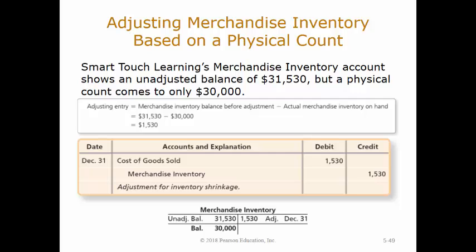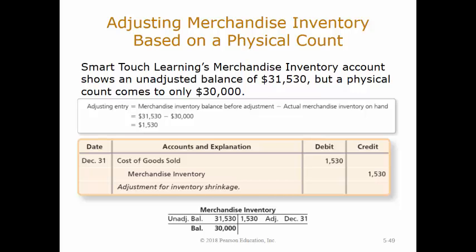But on December 31, Smart Touch Learning counts the inventory on hand and the total cost comes to only $30,000. Cost of goods sold should be debited and merchandise inventory should be credited for the amount of shrinkage, $1,530. This entry brings merchandise inventory to its current balance and increases cost of goods sold for the cost of the lost inventory.